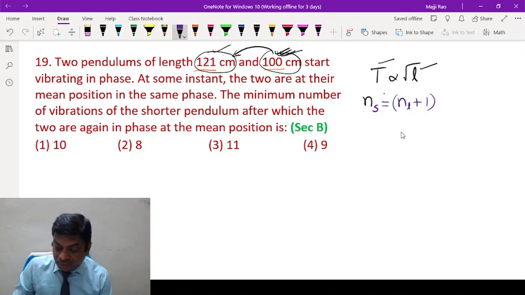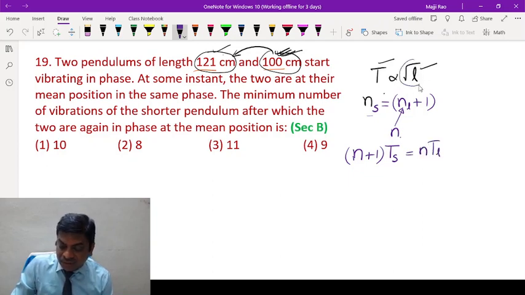Clear? So that means if I take the number of oscillations in longer one as n, then ns will be n plus 1. So total time elapsed will be n plus 1 number of oscillations in shorter multiplied by time period of the shorter one, whereas from the point of view of longer one it is only n times the time period of longer one.